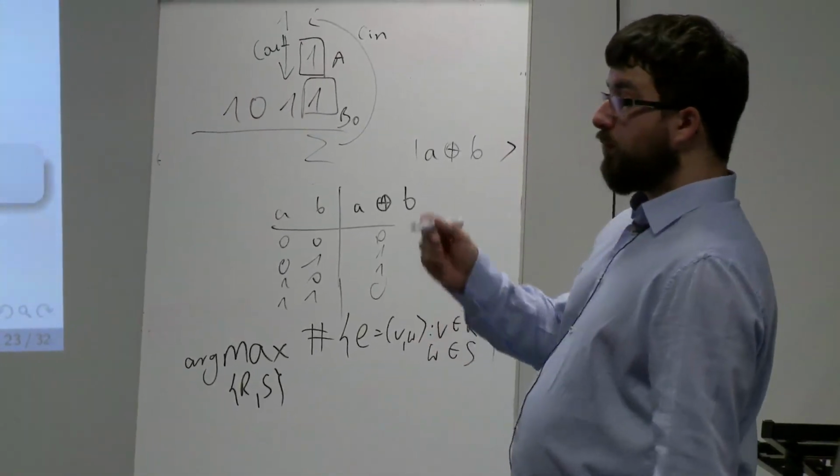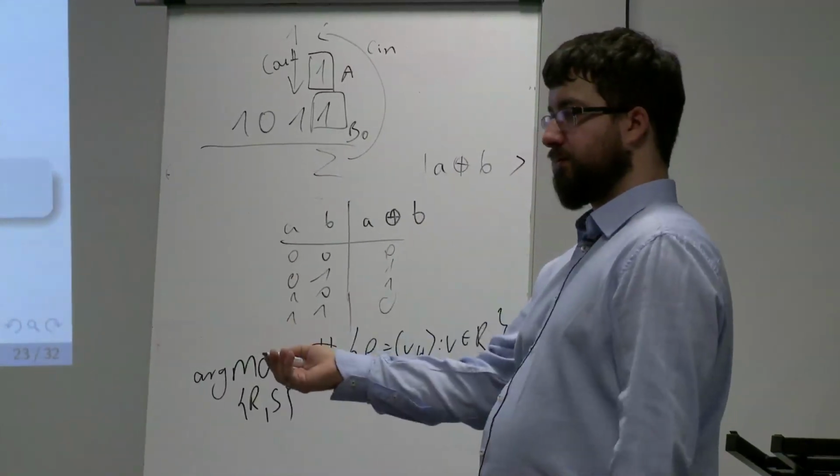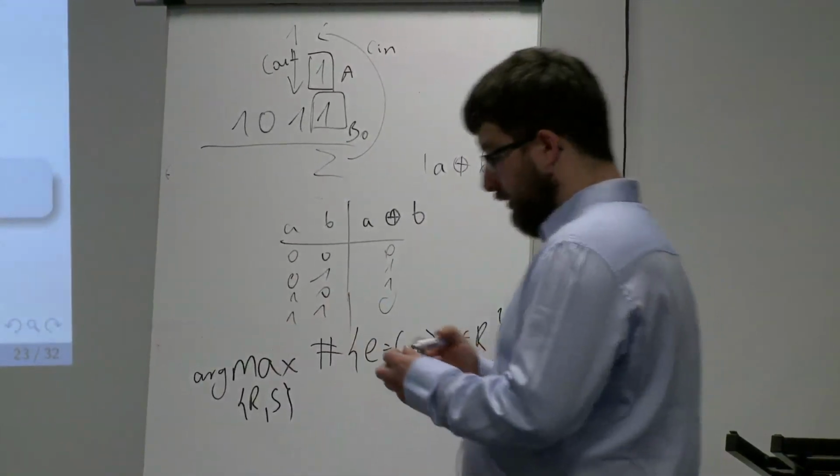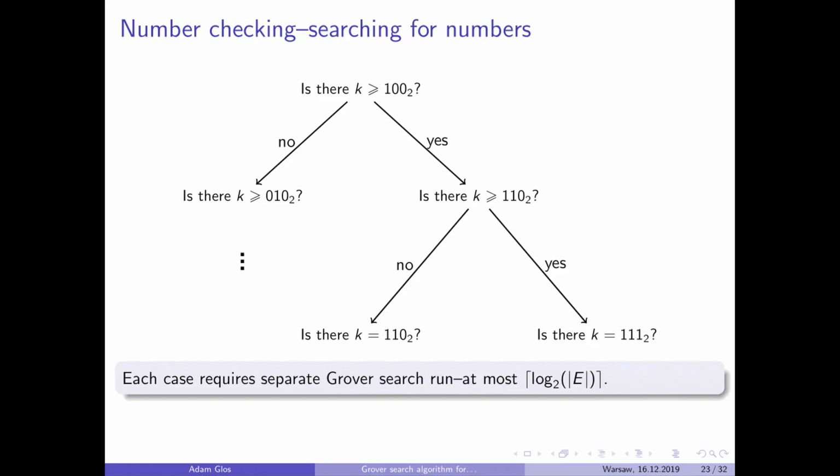What we can do, we can make a binary search. We can start with a question whether there is a number that is greater or at least 4. If there is, it's not written here, but let's assume that there are at most 8 edges, 7 edges, sorry.